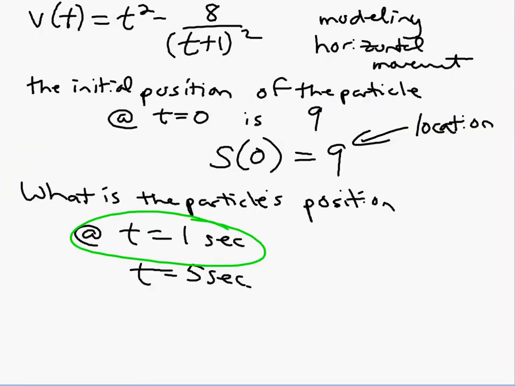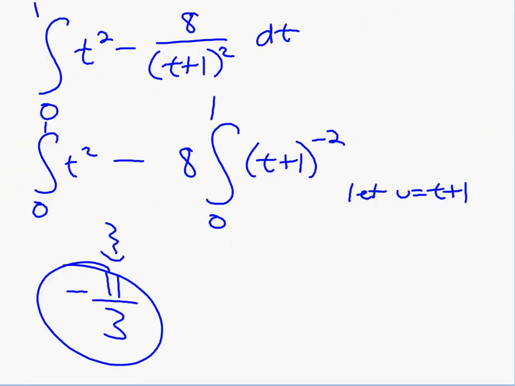Because we did not do absolute value, we just integrated velocity. And if I just integrate velocity, it's going to give me the displacement of the particle, all right?